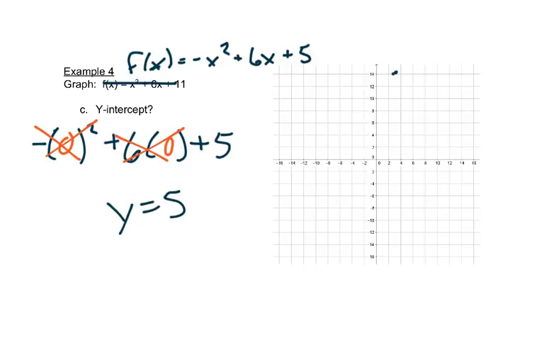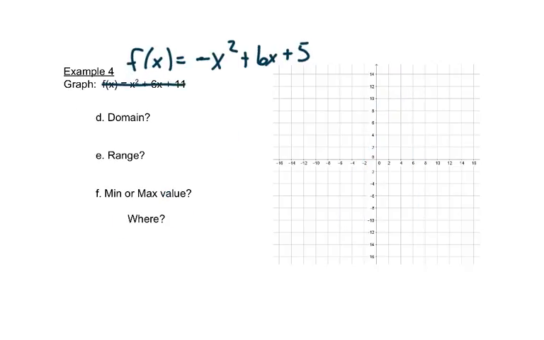So on the y-axis, we have a dot right there. And again, if we're symmetric, that would also give us a dot right here. So that means I can graph this. Curved. Something like that. So I'll put that back on this graph here.